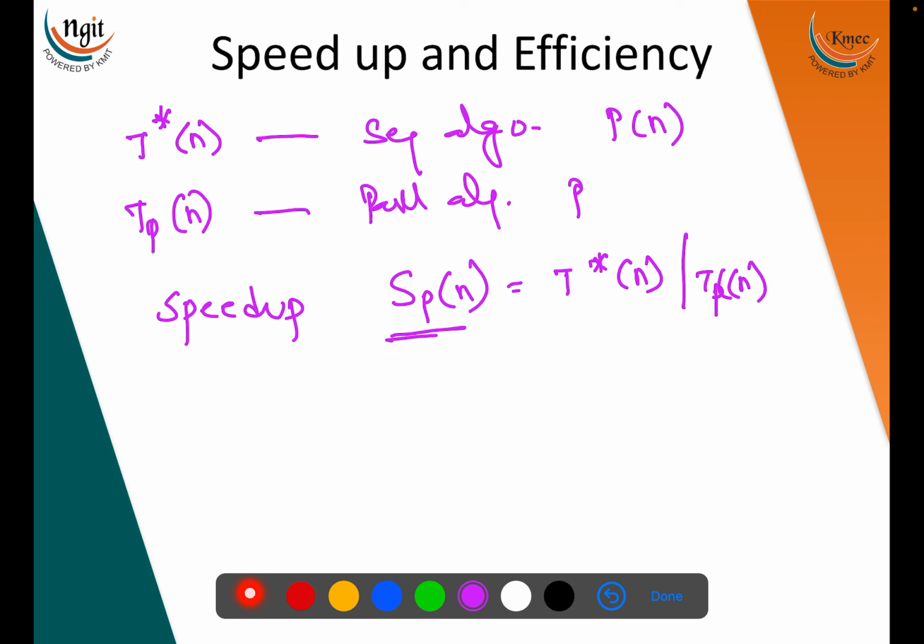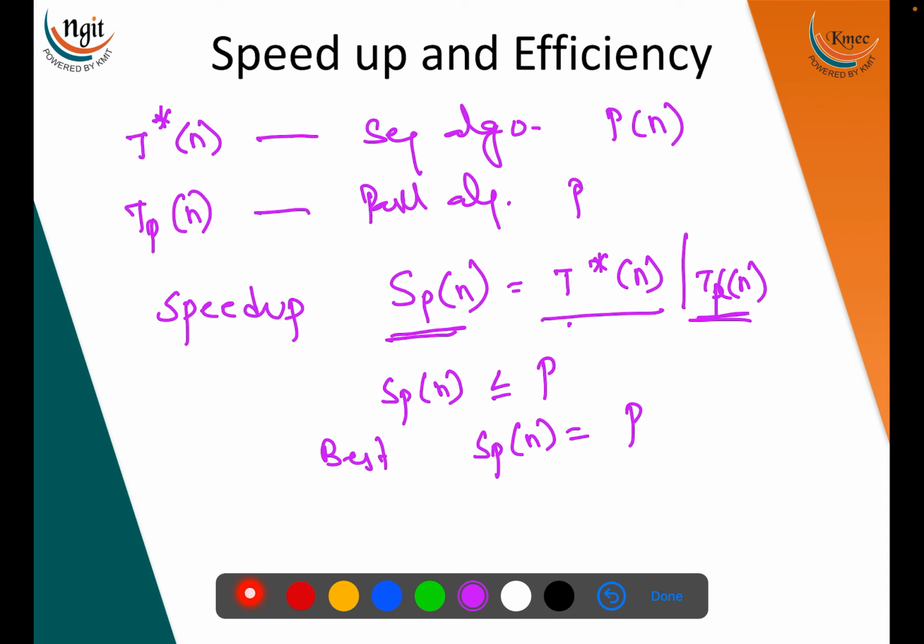The speed up Sp of n is less than or equal to P. And the best solution is when speed up is equal to P, where Tp of n is equal to T star of n by P. So this is the speed up formula to calculate for a parallel algorithm.